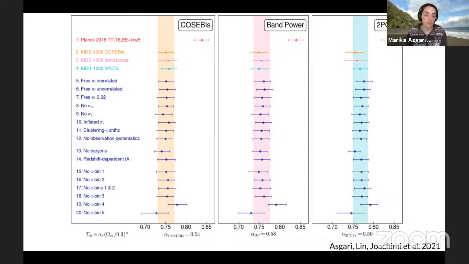And baryon feedback is basically calibrated against hydro simulations. So what we've done here in number 13 is to set baryon feedback to 0 to see what happens.